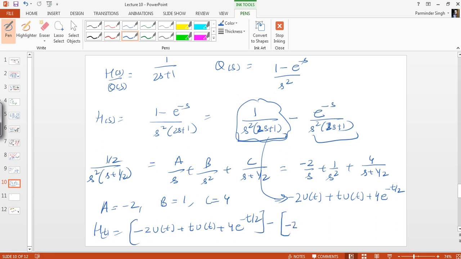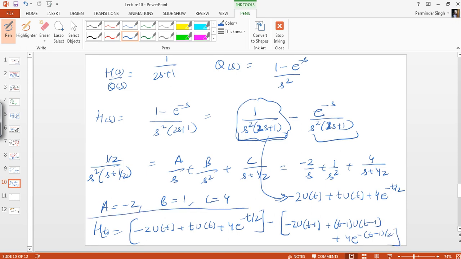So it becomes minus 2 u(t minus 1) plus (t minus 1) u(t minus 1) plus 4 e to the power minus (t minus 1) by 2. So that is your final solution, that is h(t).